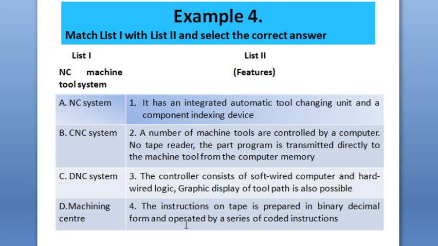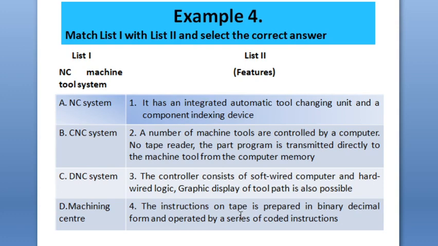Then fourth one: the instructions on tape are prepared in binary decimal form and operated by a series of coded instructions. We discussed the NC system using punched cards and punched tape. The information is punched in binary form, 0 and 1. 0 is a punched hole.